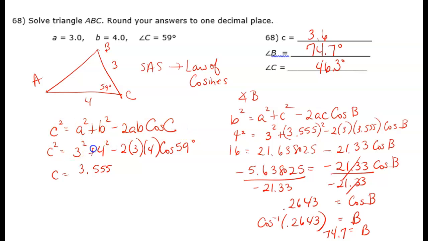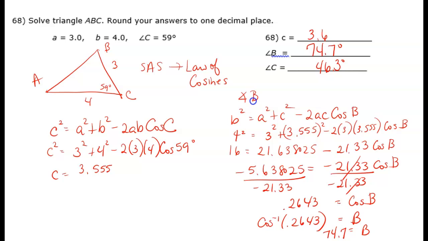So C squared, I'm just going to plug in, and I have all this information. So when I plug that in, remember to take the square root, and I get 3.555 for my side C. So rounding to 1 decimal place will be 3.6.